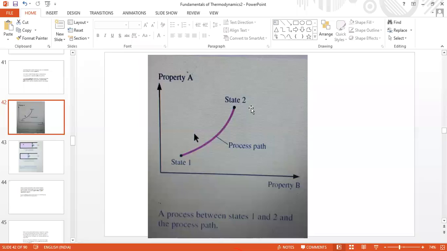That is integral PdV integrated from 1 to 2. So being engineering students, I think that much depth of explanation is not required for you. Of course, you will have good mathematical knowledge.